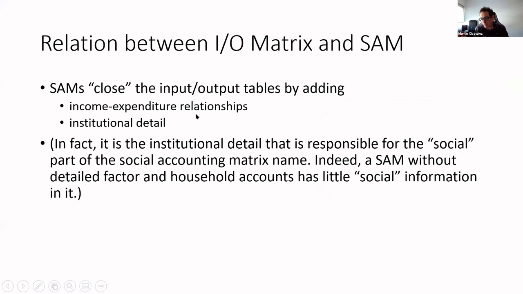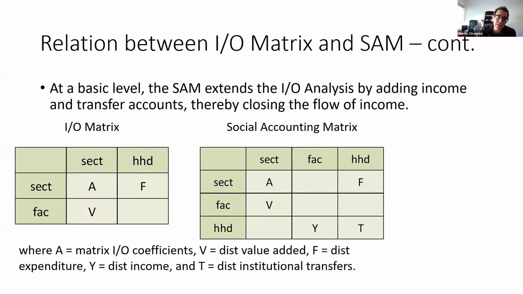Okay, so if you are familiar with input-output tables, you should notice that the difference between an input-output table and the social accounting matrix is that in a social accounting matrix, we close the system. If you think of an input-output matrix, you will see that you only have sectors and, let's say, final consumption.